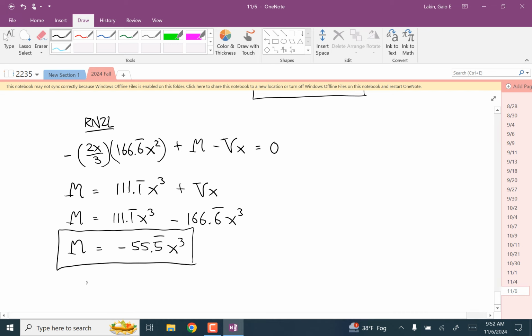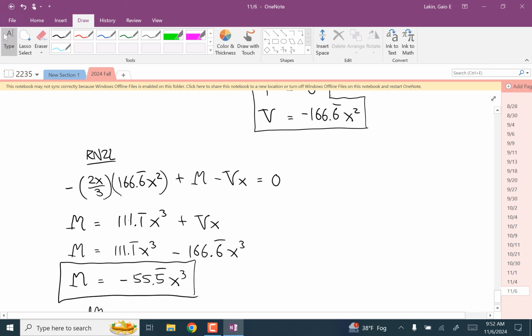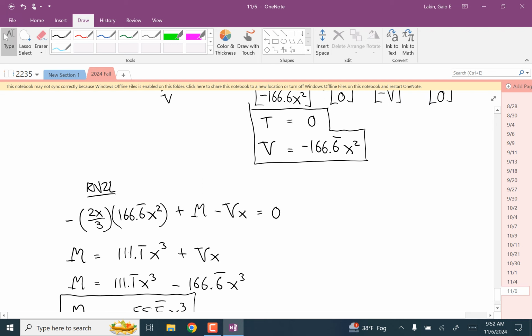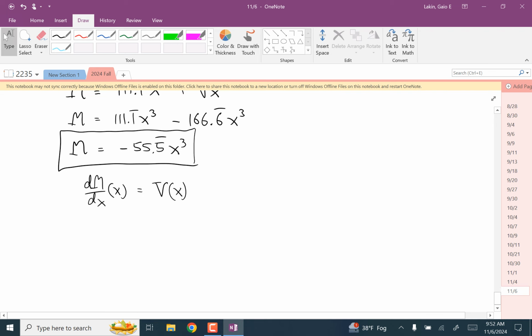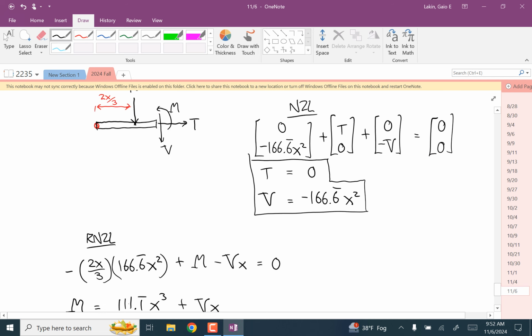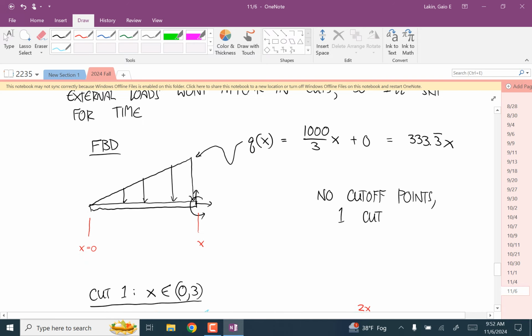And notice that dM/dx is equal to V. And notice that if you take negative dV/dx, you get positive 333.3 repeating x, and that's equal to our function q.